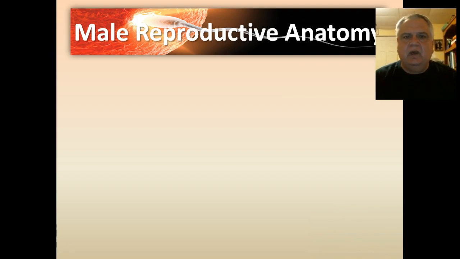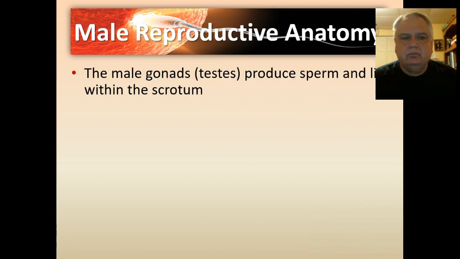But let's now take a look at the functional anatomy of the male reproductive system. And again, we'll do that in this screencast. And then in our second screencast, we'll take a look at the female reproductive anatomy, functional anatomy.